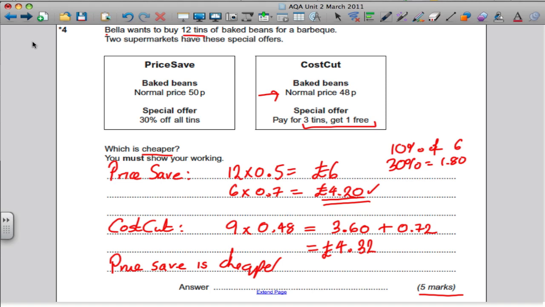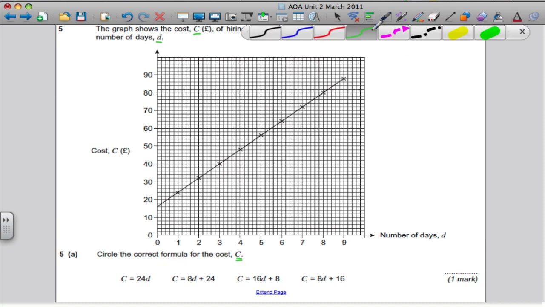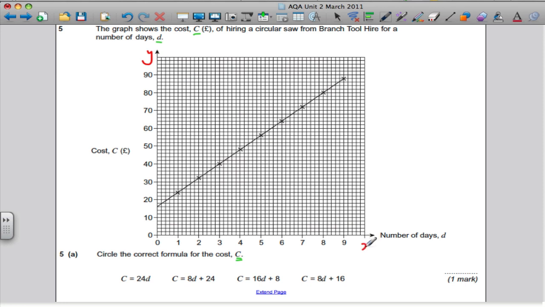Okay, let's move on. Question 5. It says that the cost, capital C, of hiring a circular saw for D days is shown in the graph below. What is the correct formula for the cost, capital C? Now, a way of thinking about that is, we have here a y-axis and an x-axis, and we know that the equation of a straight line is given by y = mx + c, m the gradient, c the intercept.